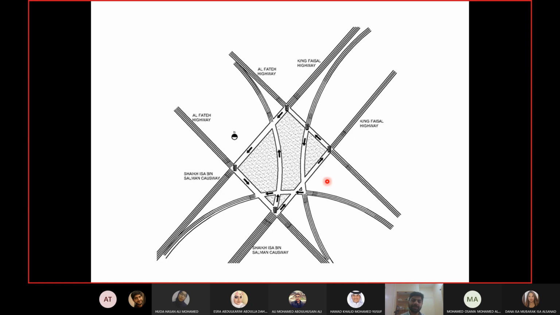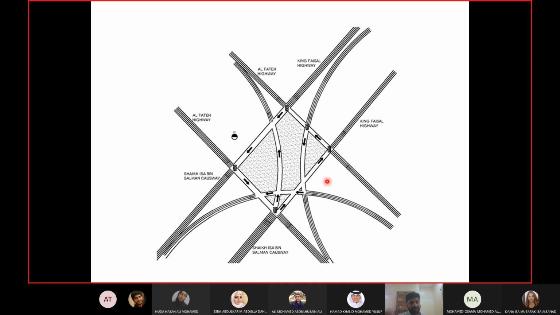But in this case, if you cannot change the geometry of the intersection, then you have to extend the clearance time. And if you go to this intersection now, you will see blinking green. Okay, and it has been adopted on other intersections as well. So this is the reason. Blinking green is to give you more time.